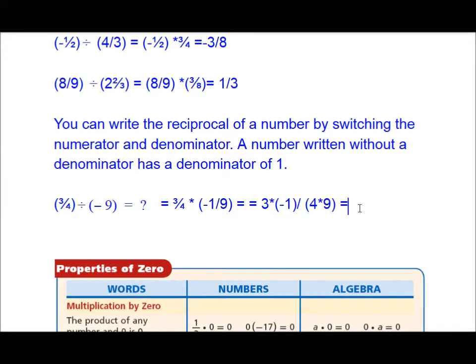Then what can we write? Minus 3 divided by 9 4s are 36. Now we can cancel 3. 12 3s are 36. So minus 1 by 12 is the answer.